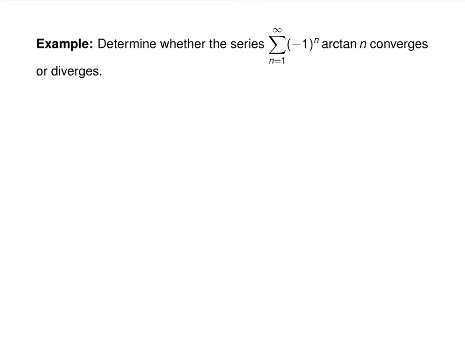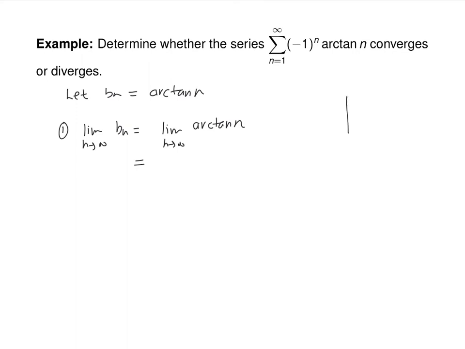All right, determine whether the series (-1)^n arctangent of n converges or diverges. Well, let's let Bn equal arctan of n. So first thing we should check is the limit as n goes to infinity of those Bn's. By now, I hope that I've brought up arctan enough that you have figured out what it looks like.